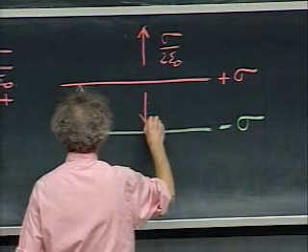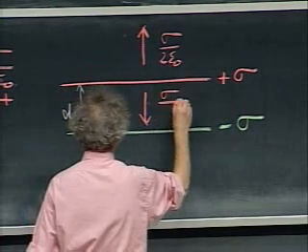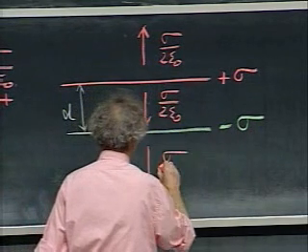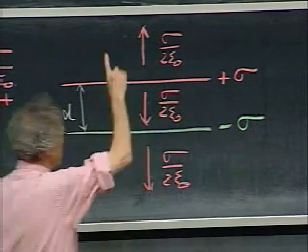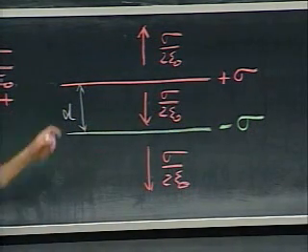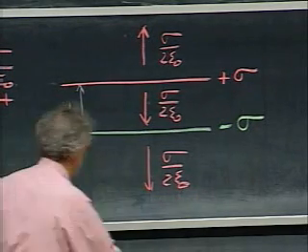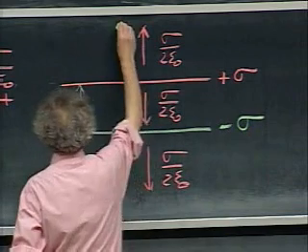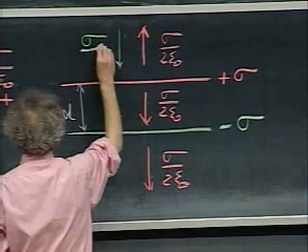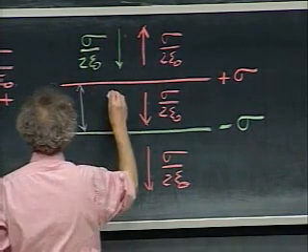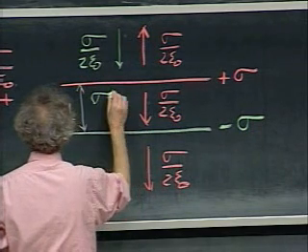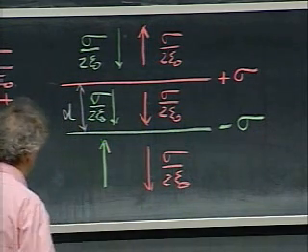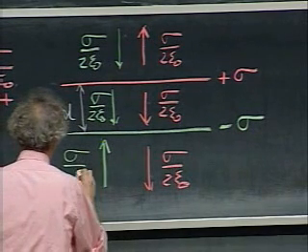This one is also pointing away from this, sigma divided by 2 epsilon 0, and here it's also sigma divided by 2 epsilon 0, because it's independent of the distance to this plate. What is the negative charge doing? Well, the negative charge has E vectors pointing towards it. So here I have an E vector, which is sigma divided by 2 epsilon 0. Here I have one that is sigma divided by 2 epsilon 0. And I have one that is pointing towards the plate, which is sigma divided by 2 epsilon 0.